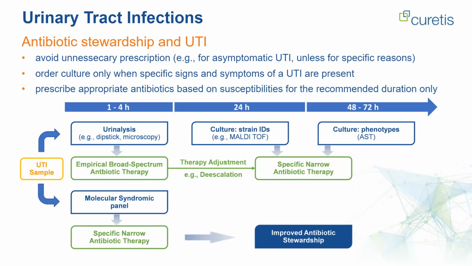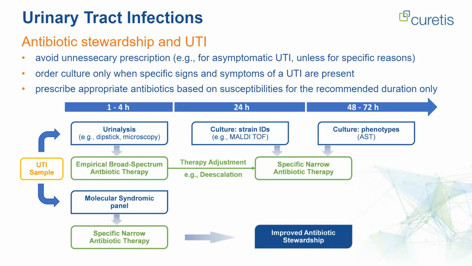I think a good example for UTI would be resistance to nitrofurantoin. So nitrofurantoin resistance is conferred by a number of different single point mutations in a number of different genes. So that resistant phenotype is not accessible by a molecular panel in a reasonable way.